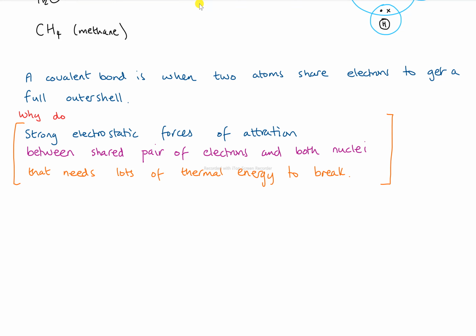Why do giant covalent compounds have high melting and boiling points?